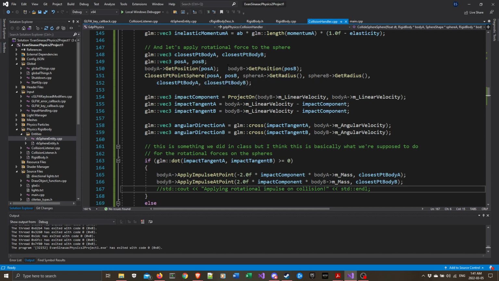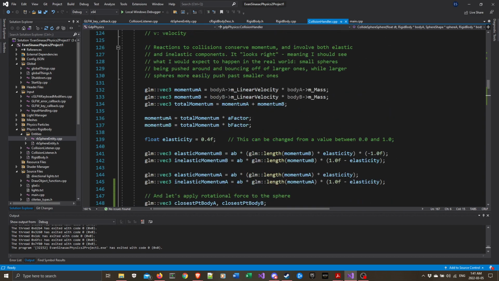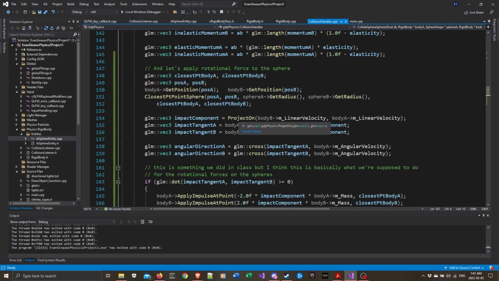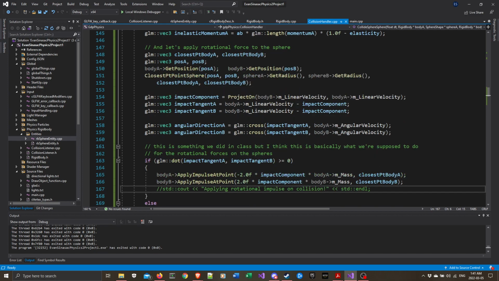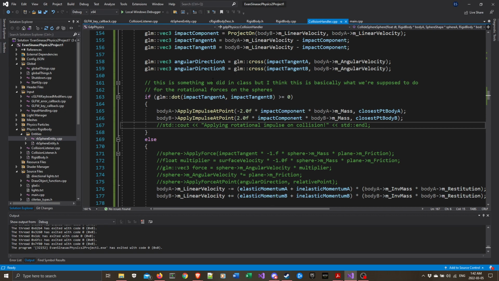So I get the closest point between the two spheres, and figure out what the impact component between the two is using the project on, which again, I'm not even 100% sure if I'm using correctly since we used it for the plane, but it works. Kind of.